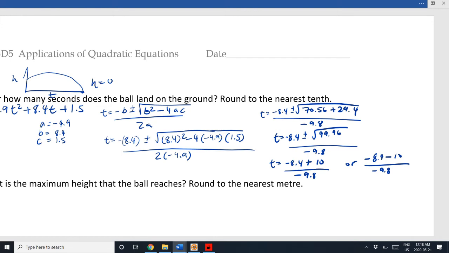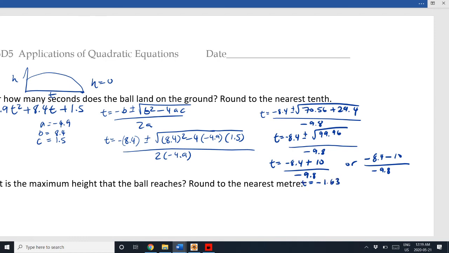So we have negative 8.4 plus 10, which is 1.6, divided by negative 9.8, which is equal to negative 1.63.